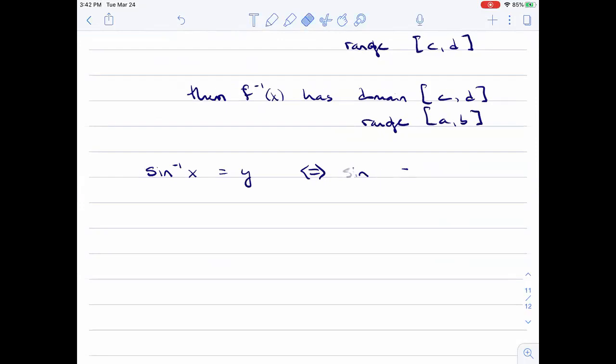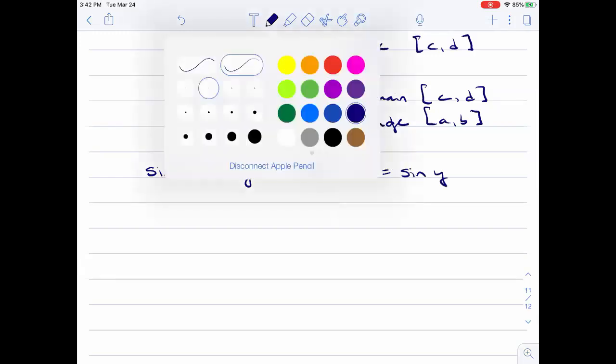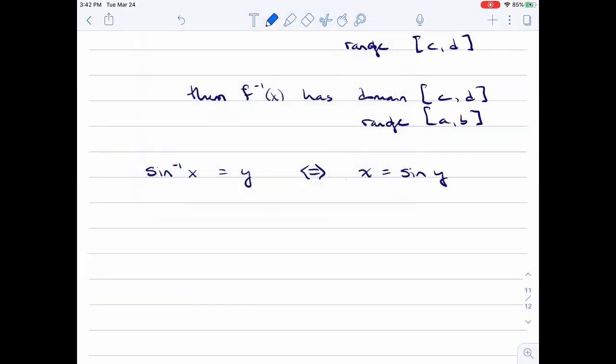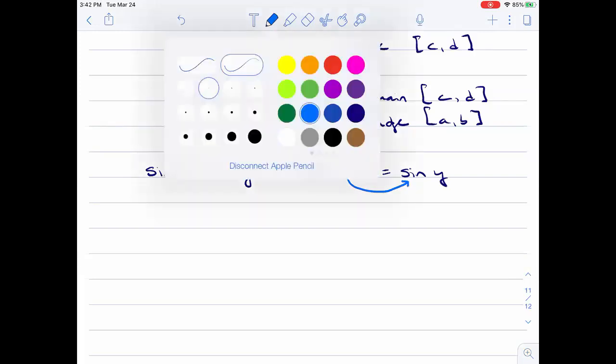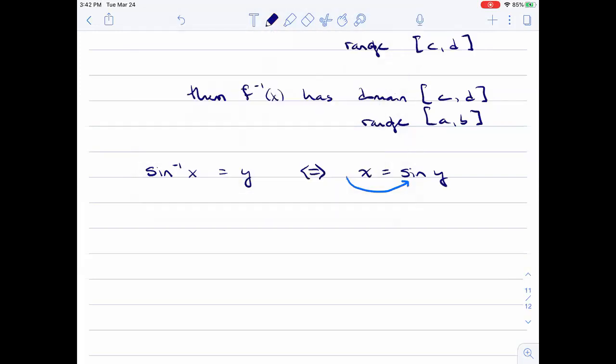In fact, I'm going to rewrite it this way. x is the sine of y, right? Just because what we've done is we've taken the sine and brought it over here. And we used that fact when we were composing the trig functions.